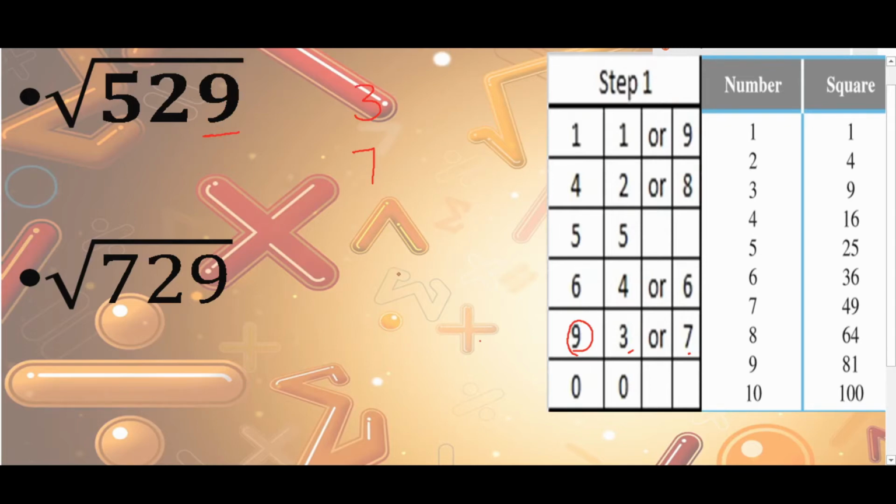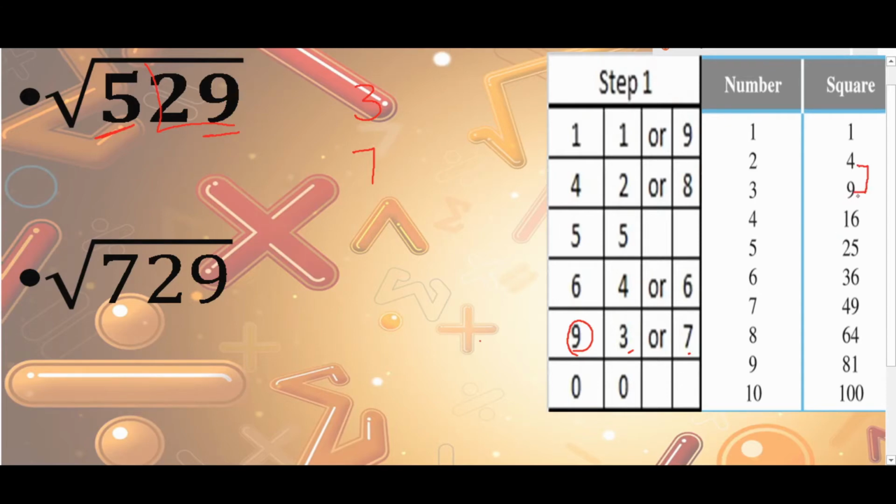Step number 2 is we need to discard the last 2 digits of the number. So, we have remained with 5 there. Let's see in chart number 2, where does that 5 lie between? 5 lies between 4 and 9.